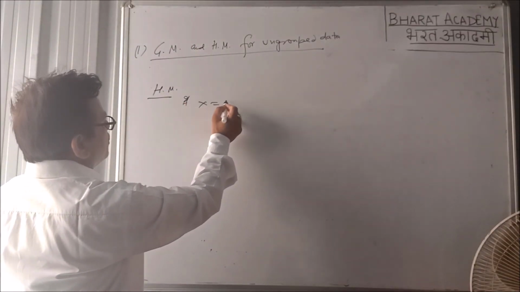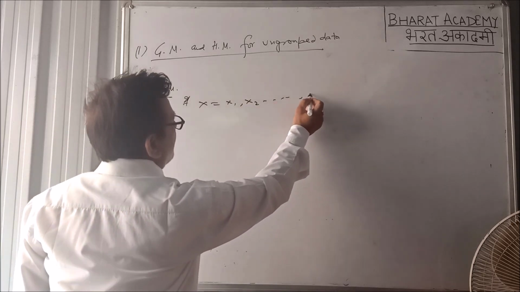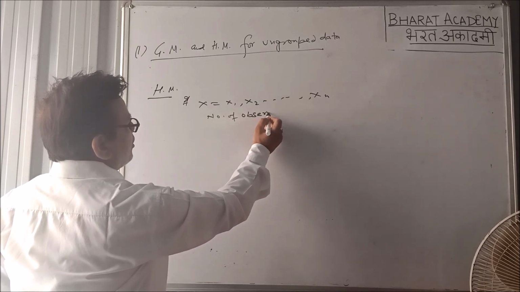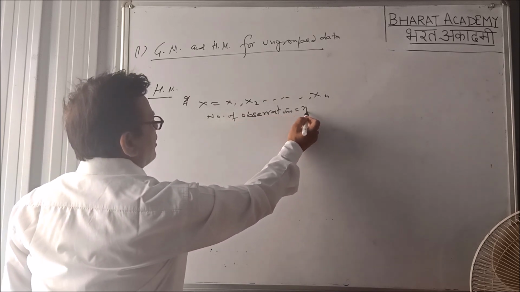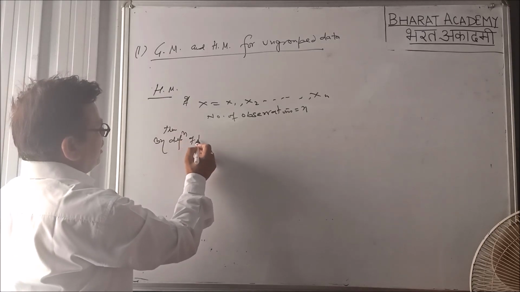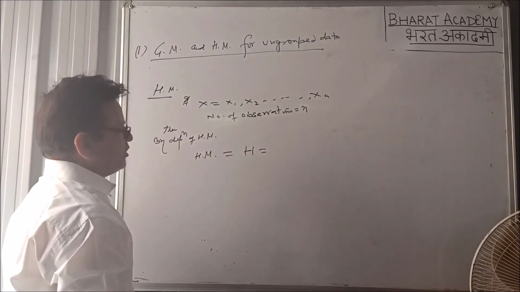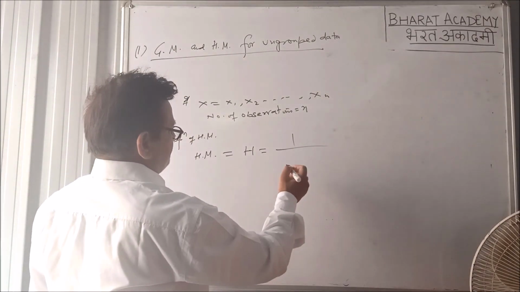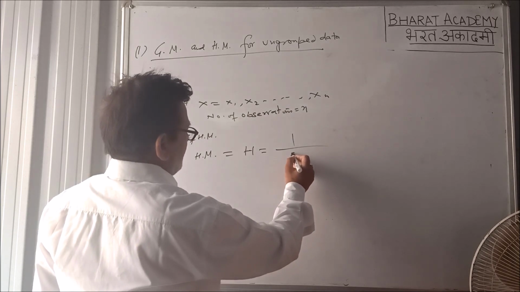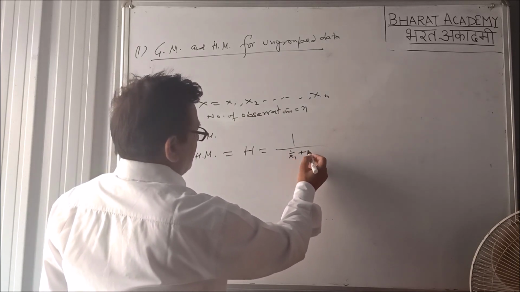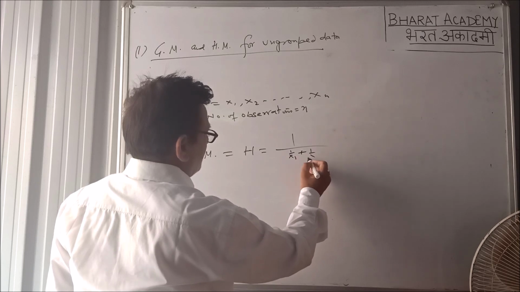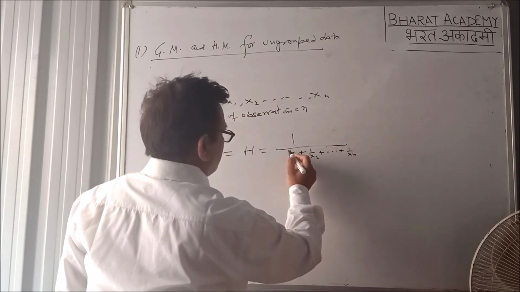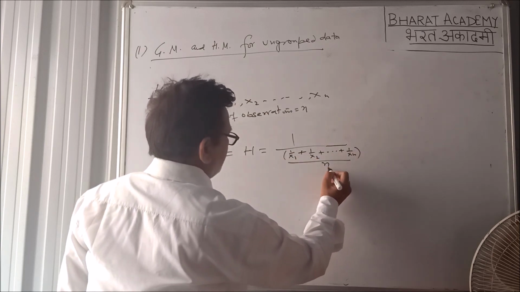If x equal to x1, x2 up to xn, number of observations are n, then by definition harmonic mean is equal to the reciprocal of the arithmetic mean of the n observations, 1 upon x1 plus 1 upon x2 up to 1 upon xn, their arithmetic mean divided by n.